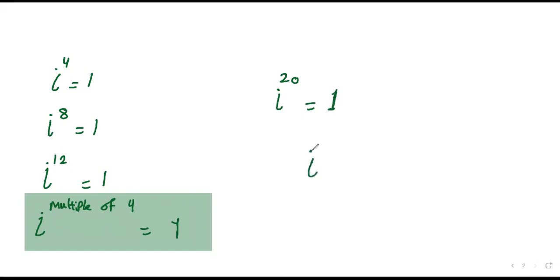And i to the power of, let's say, 24, it's 1. And i raised to the power of 4n equals 1, and n is an integer. So 4 times n, or any multiple of 4, i raised to any multiple of 4 equals 1.